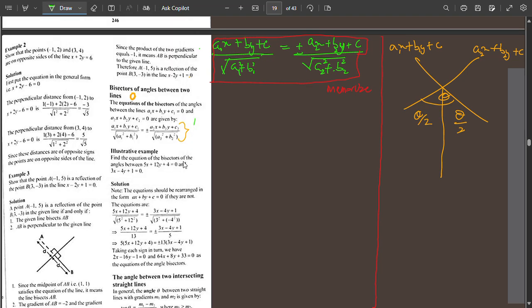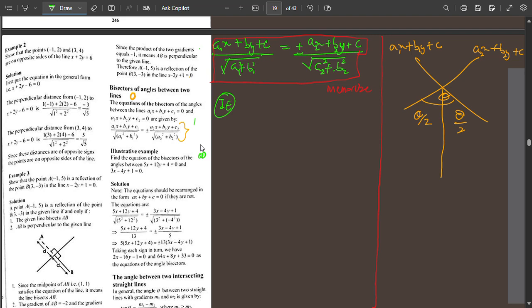To use this equation, we'll start with an illustrative example. Find the equation of the bisectors of the angles between 5x plus 12y plus 4 equals 0. That's the first line. And then the second line. We'll be given two lines, and then asked to find the equation of the line that bisects the angle between these two lines.